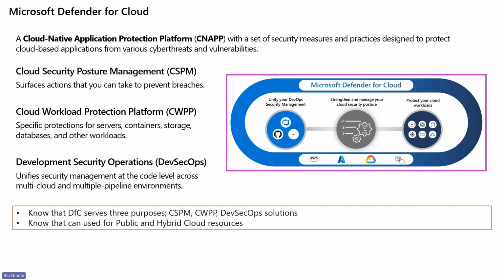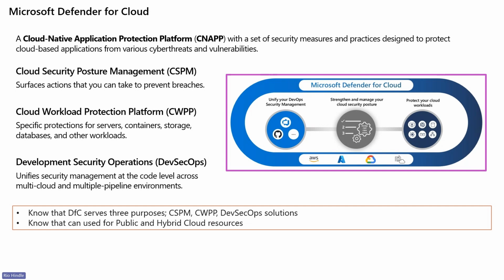So Defender for Cloud is a cloud native application protection platform, or CNAPP for short, which you might see in some of the Microsoft documentation, which is a set of security measures and practices designed to protect cloud-based applications from various cyber threats and vulnerabilities.